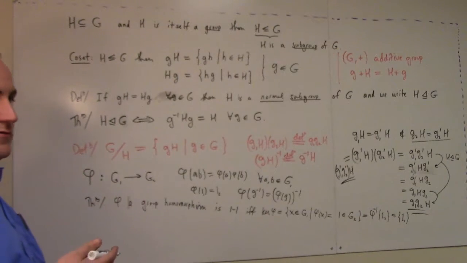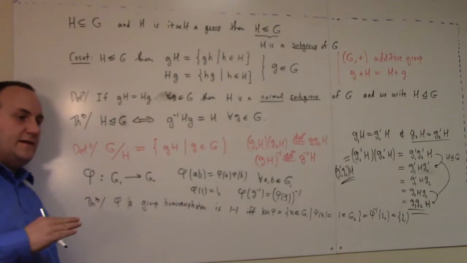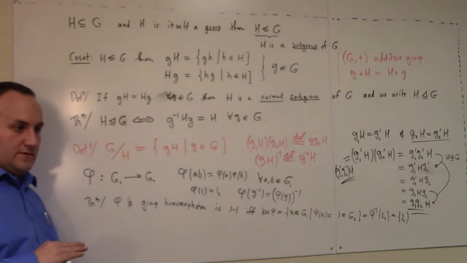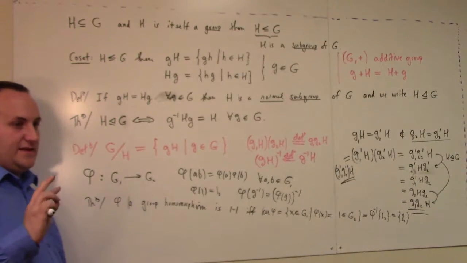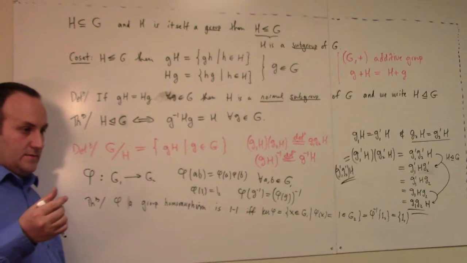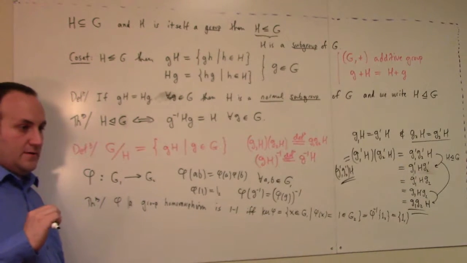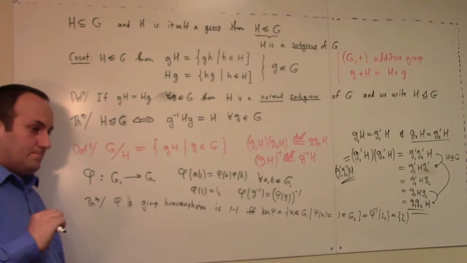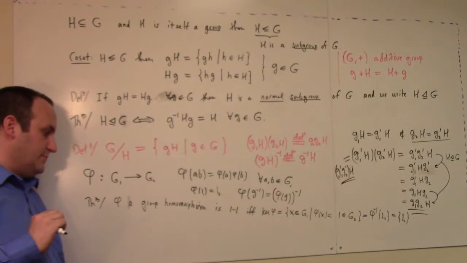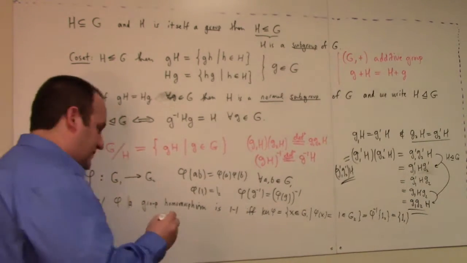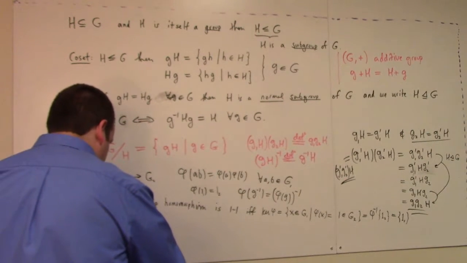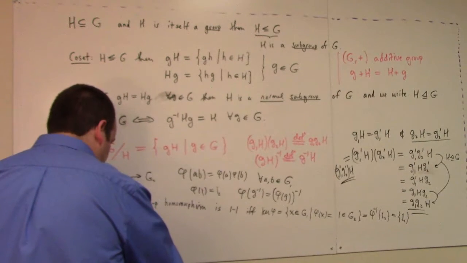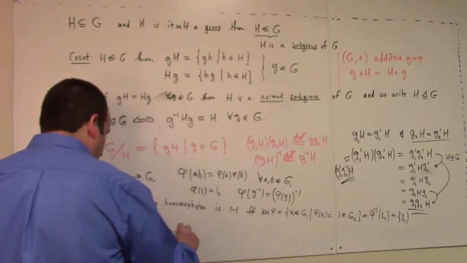Otherwise, you can prove that the kernel of phi is in fact a subgroup of G1. In fact, there are two important subgroups attached to any group homomorphism. One is the kernel of the map. The other is the image of the map. So that's another theorem I should mention. The kernel of phi is, and here's the kicker, actually a normal subgroup of G1.